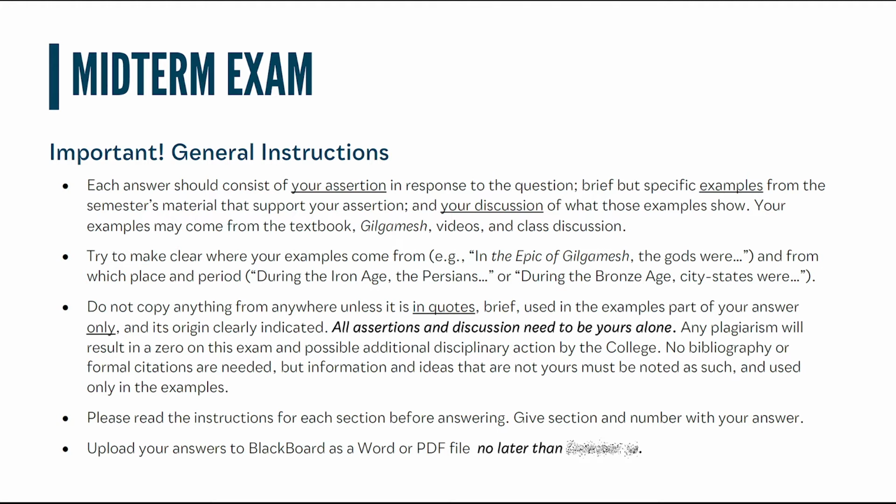If you find it necessary to provide a quote that is illustrative of what it is that you're talking about, anything that comes from the outside must be within quote marks, and it must show where it comes from. It must be absolutely explicit that these words are not yours, and you're marking them as such, and you're giving where they come from.